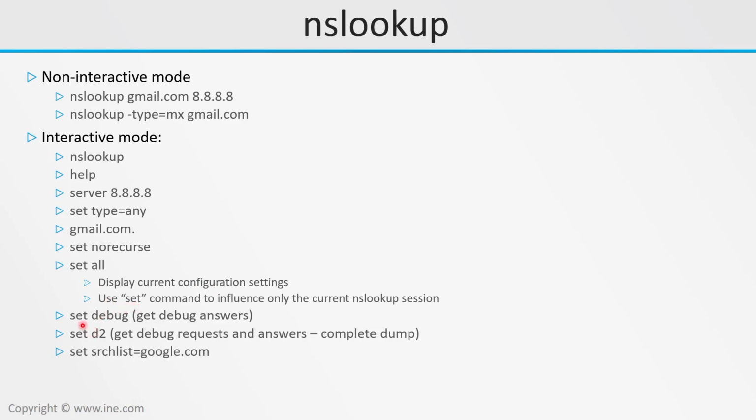We can set the debug to get debug on the answers we receive, so more verbose information, and this is probably one of them, set d2, getting debug on requests and answers. It's a complete dump, and that's really one of the major benefits that I see in using NSLookup over dig, is that it'll display debug requests, not just information on the answers we receive.